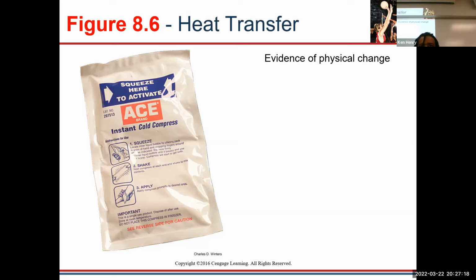The pack itself gets cold because we break up the substance that is holding the ammonium nitrate and allows the water to come in. So this cold pad gets cold as a result of that. Now, it's a chemical reaction, but it's also a physical reaction because you're getting that change in temperature, right?